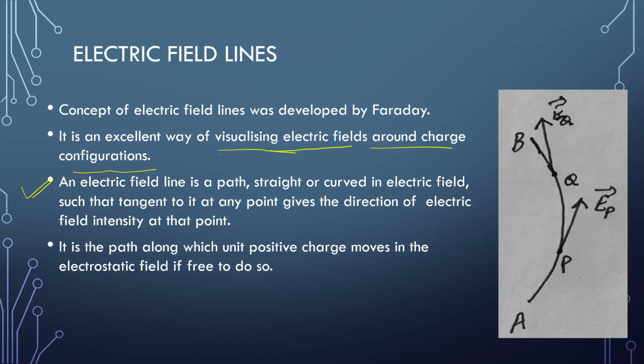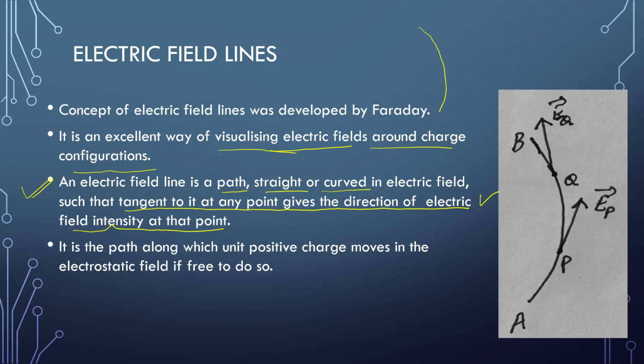How do we define electric field lines? The definition is given over here, and I'll explain it along with the diagram on the slide. An electric field line is a path, straight or curved, in an electric field, such that the tangent to it at any point gives the direction of the electric field intensity at that point.